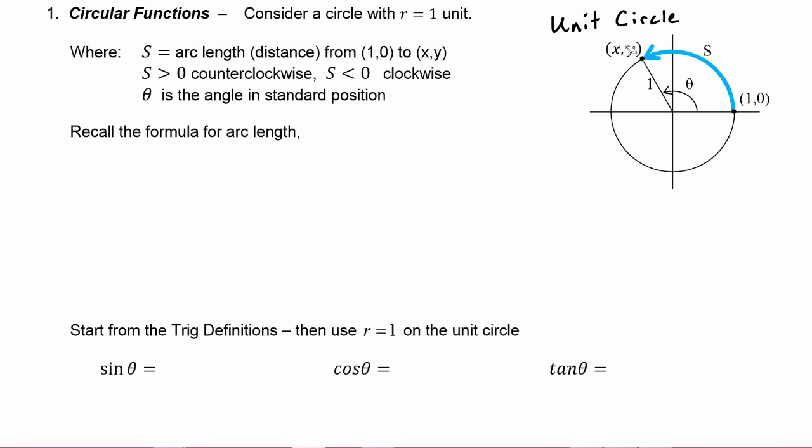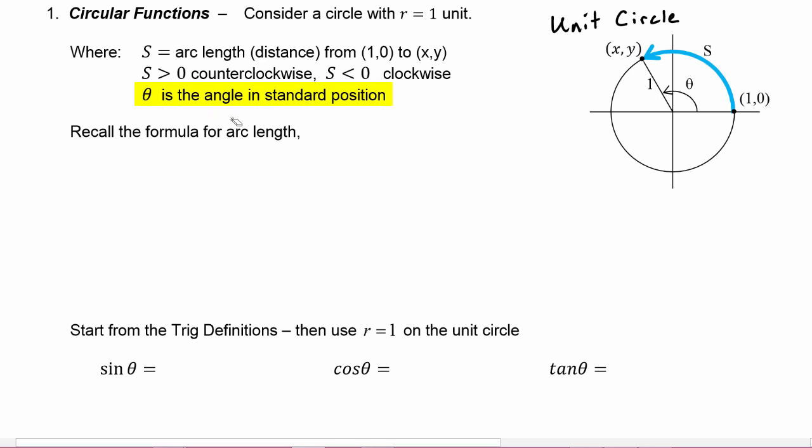S is a directed distance: if S is positive, you're walking counterclockwise. If S is negative, you're walking clockwise around the circle.